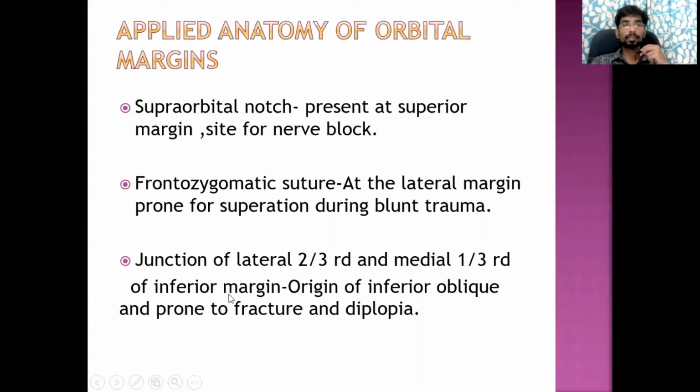And in the inferior margin, at the junction of lateral 2/3 and medial 1/3 lies the origin of the inferior oblique muscle, which is prone to be involved in fracture of the orbital margin. And if there is edema of the inferior oblique muscle, the patient will have diplopia.